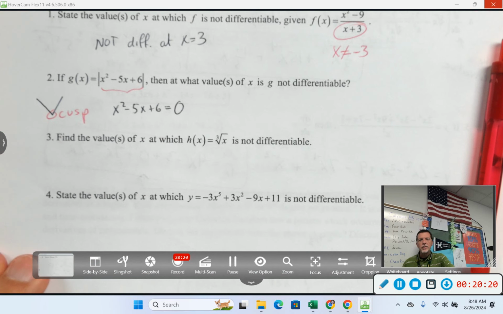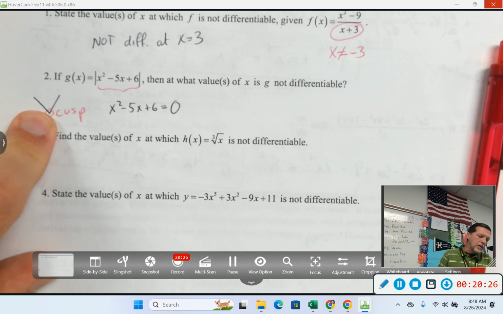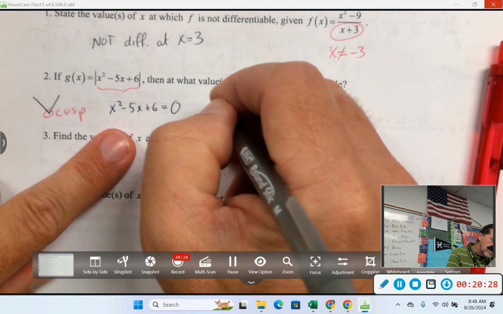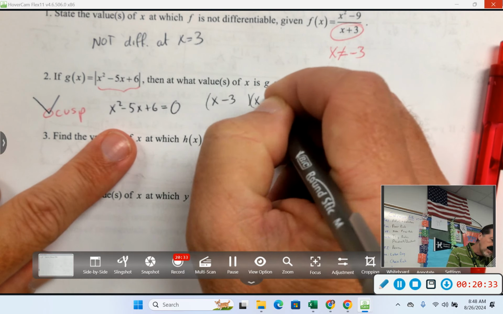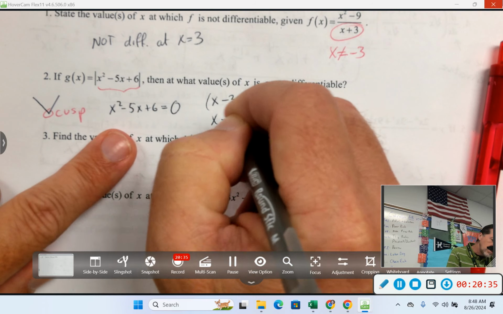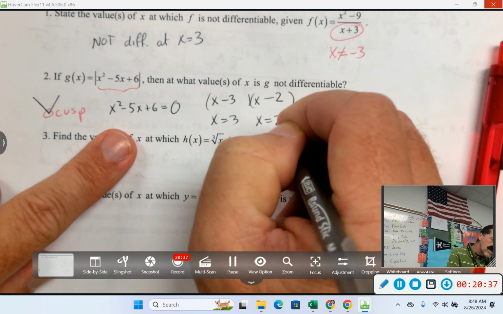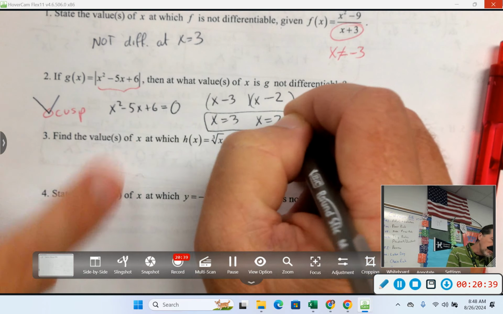Which is weird. But if the inside is 0, that's where it does the bounce thing, and a bounce does mean there's a cusp. So x minus 3 and x minus 2. So it's not differentiable at 3 and 2.